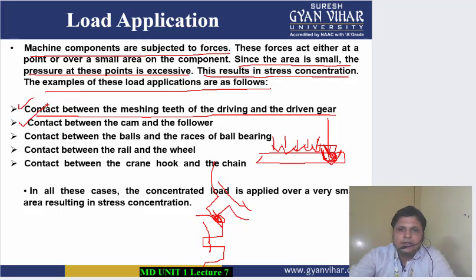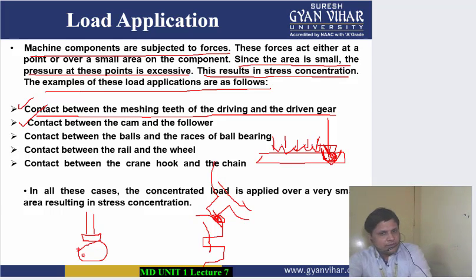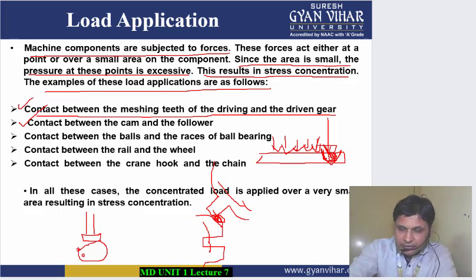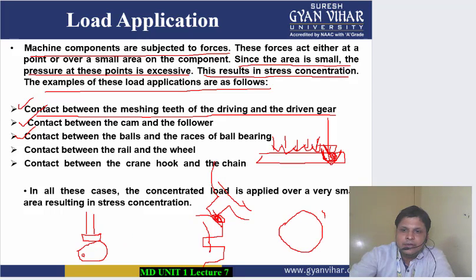Then there is the case of cam and follower. In cam and follower also, there is a follower and there is a cam, and the area of contact between them is very small. Then comes the case of the balls and the races of a bearing. In a bearing also, there are balls and the race of the bearing, and they have very little contact between themselves.